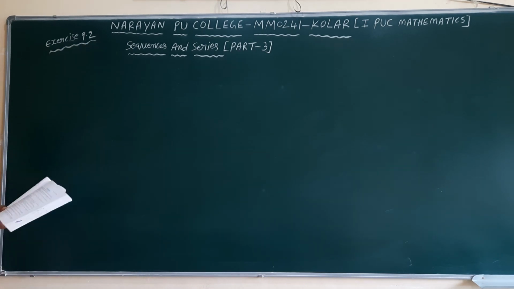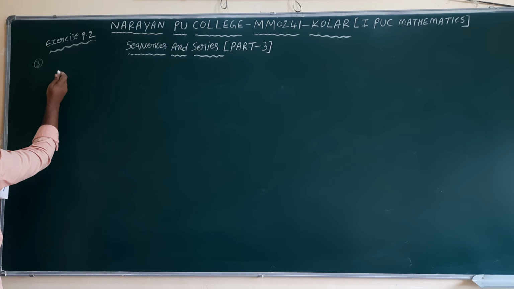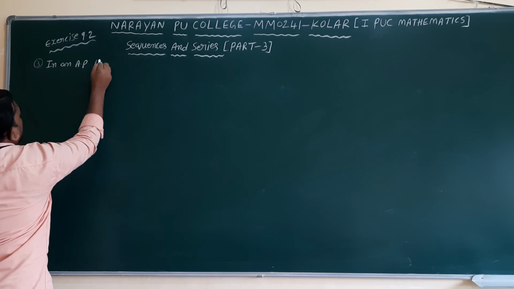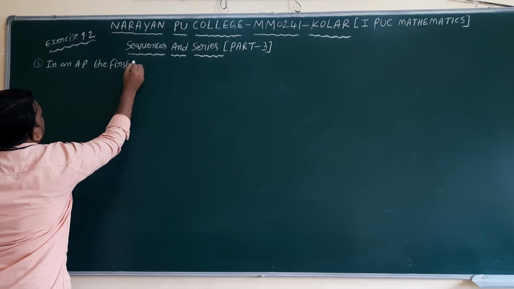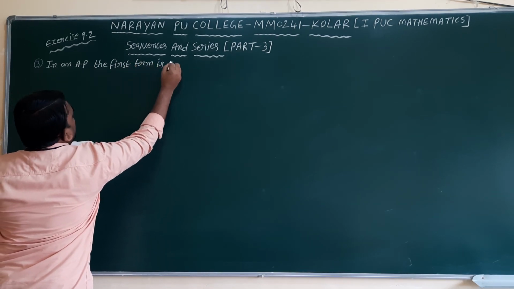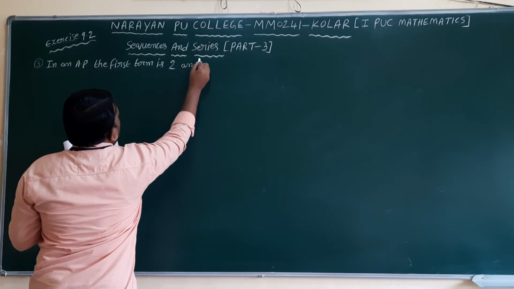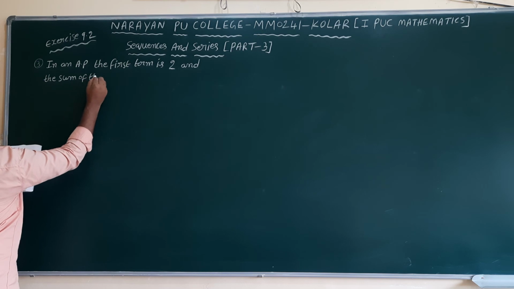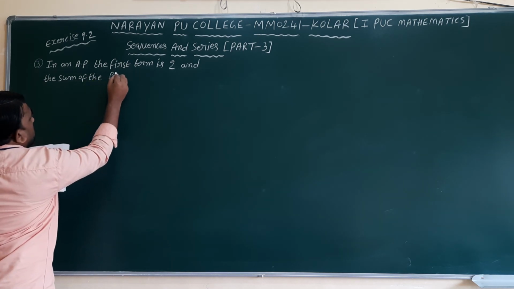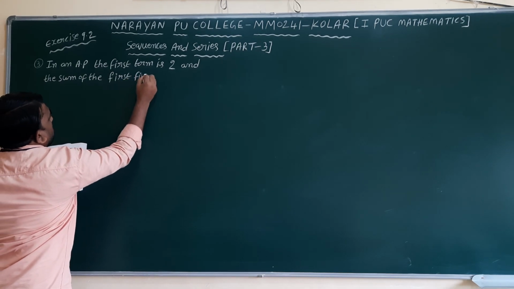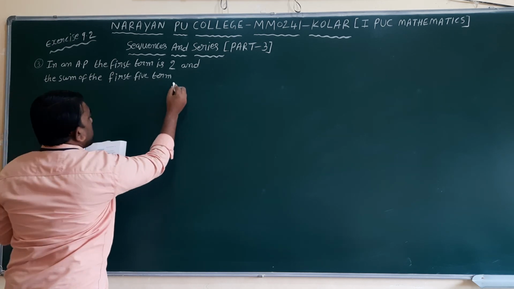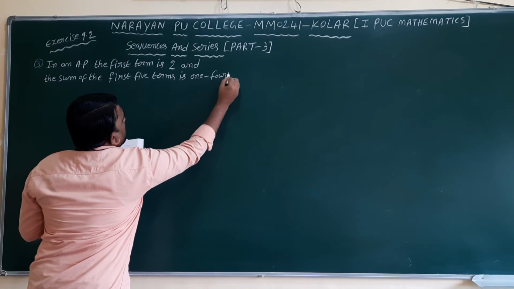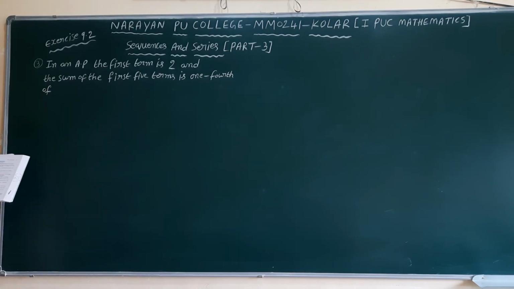We'll continue with the next problem. Question number 3. In an AP, the first term is 2 and the sum of the first five terms is 1/4 of the next five terms.